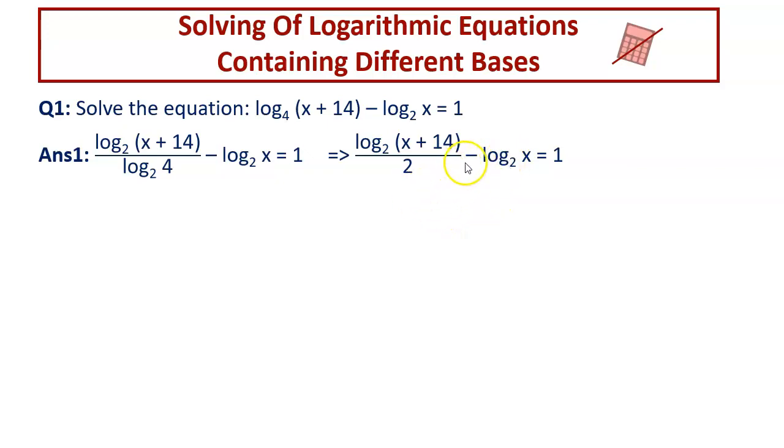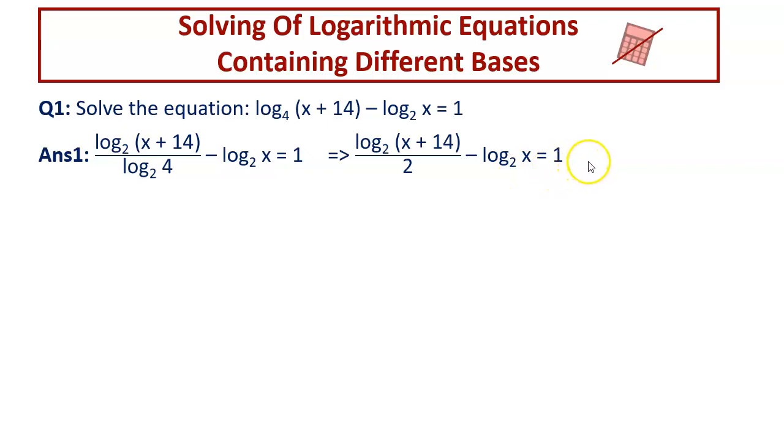And then cross multiply and you will be having log of x plus 14 to the base 2 minus 2 times log of x to the base 2 will be equal to 2, since 2 times 1 is equal to 2. And 2 times log of x to the base 2 can be written as log of x to the power of 2, or x squared, to the base 2. It will be log of x plus 14 to the base 2 minus log of x squared to the base 2 equal to 2.